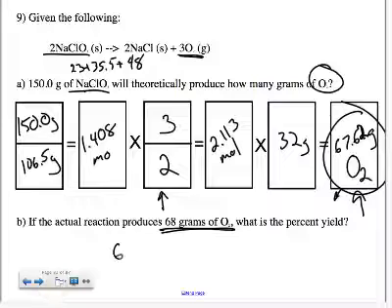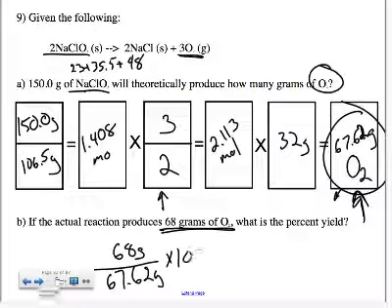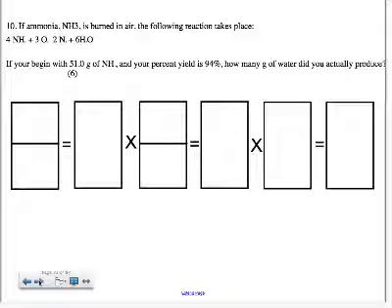So the actual yield says 68 grams, and I put that over the theoretical yield, which is what I get in this question above, which is 67.62 grams, and then I'm going to multiply that by 100 to get my percentage, which is actually going to be something greater than 100%. 68 divided by 67.62 gives me 100.6%.